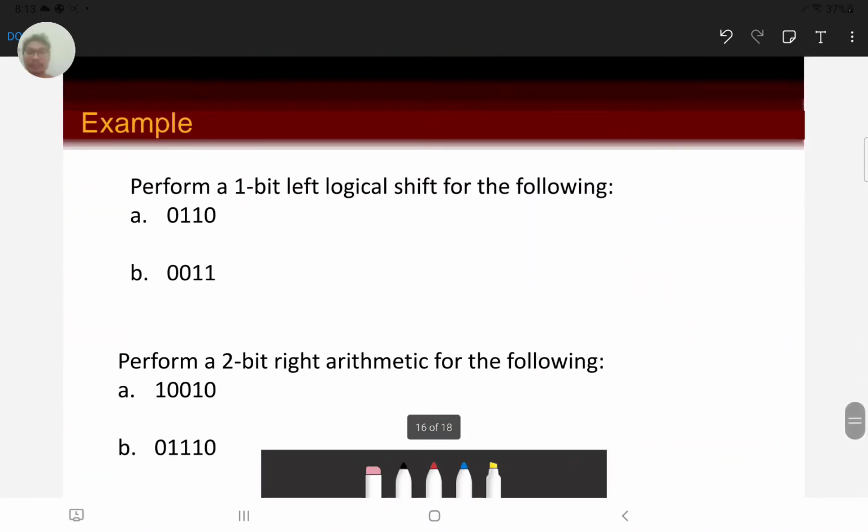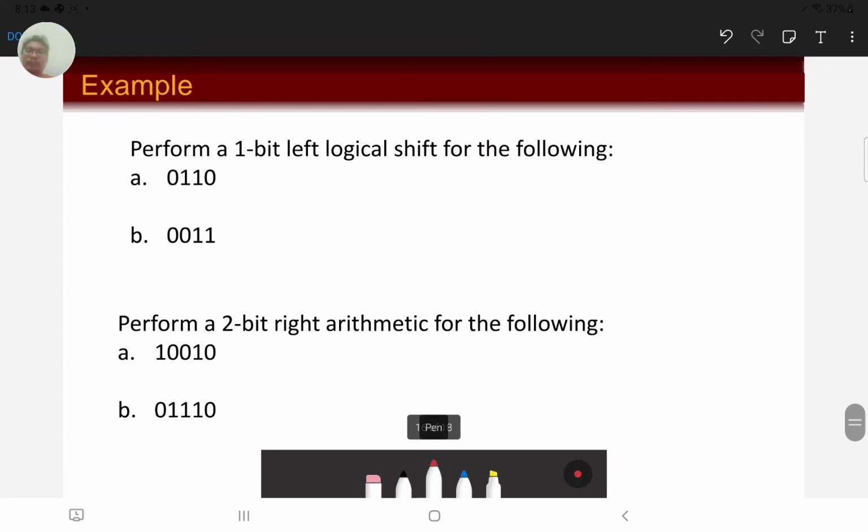Let's look at some examples. Let's perform a 1-bit left logical shift. Shifting to the left means we take this, so it's going to be 1 1 0. We take this 1 1 0 and put a 0 inside.